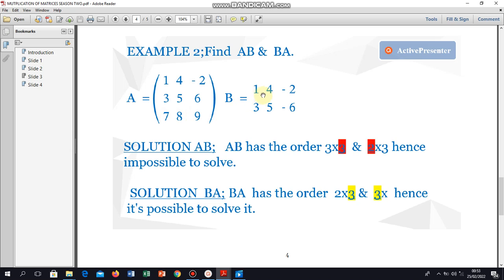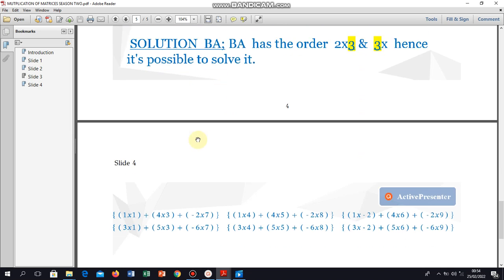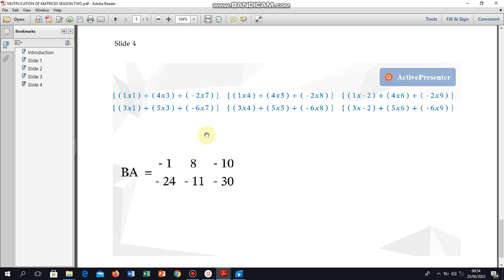Then we move on to get 3 times 4, 12, plus 5 times 5, then plus negative 6 times 8, whereby after doing that, you'll be getting the element of the second row, second column. Then we are having 3 times negative 2 plus 5 times 6 plus negative 6 times 9 to obtain the element in the second row, third column.